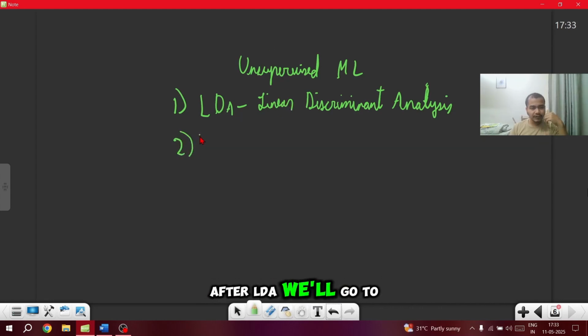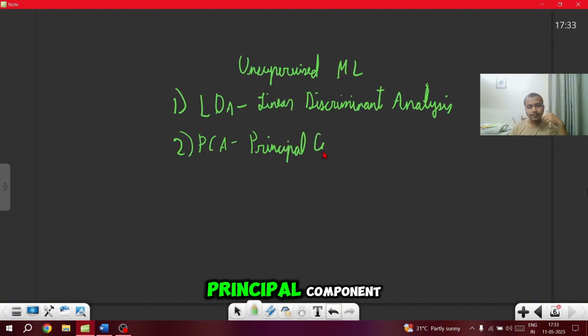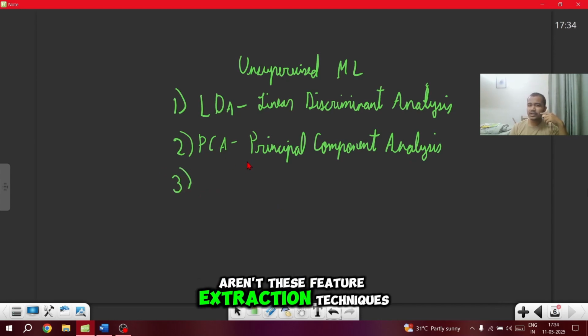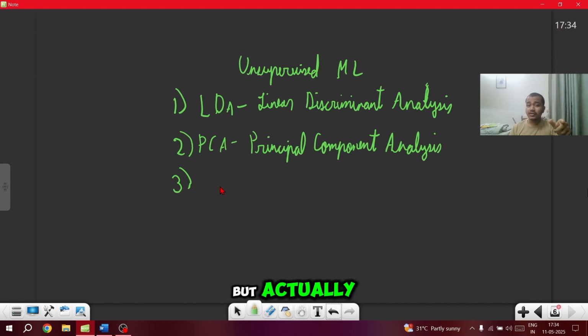Then after LDA, we'll go to PCA, which is Principal Component Analysis. Some of you might wonder, aren't these feature extraction techniques? But actually, these come under unsupervised machine learning, and also we use them for feature extraction. Then last one is clustering.